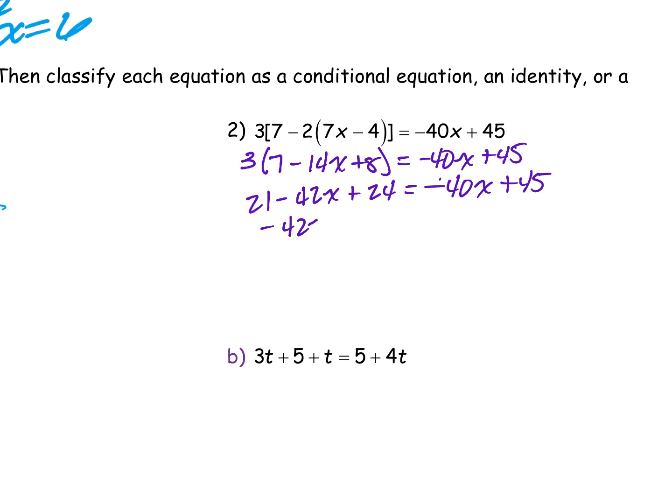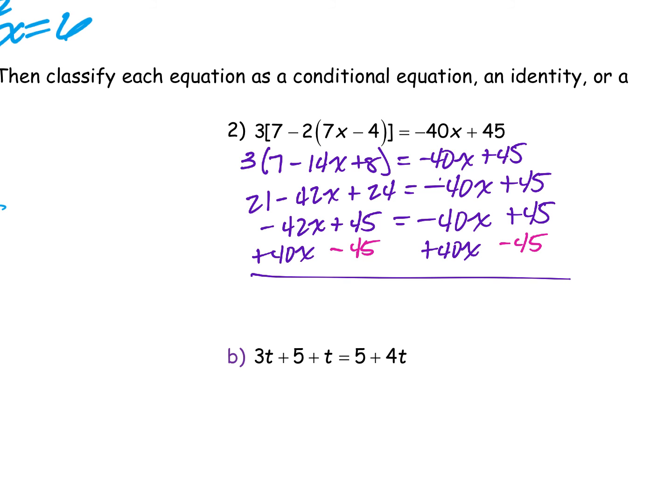Negative 42x plus 45 equals negative 40x plus 45. So I'm going to add 40x. Subtract 45. And I get negative 2x equals 0. So x is going to equal 0.